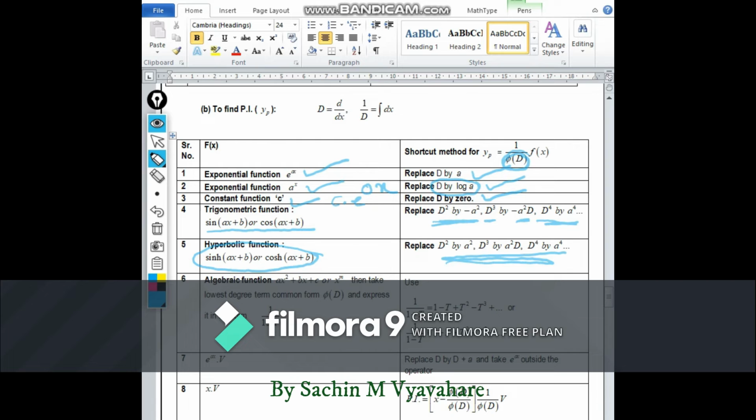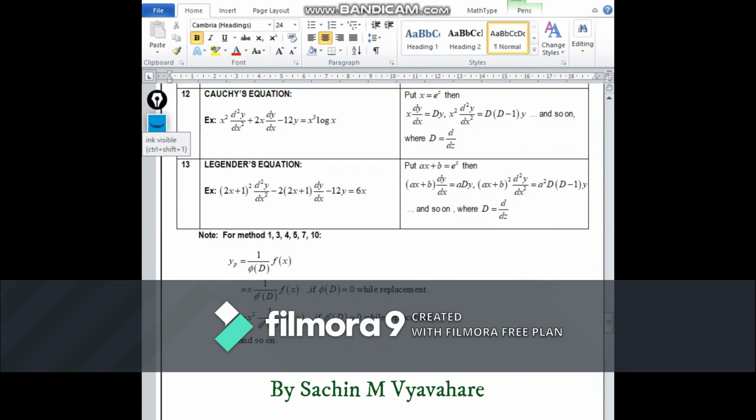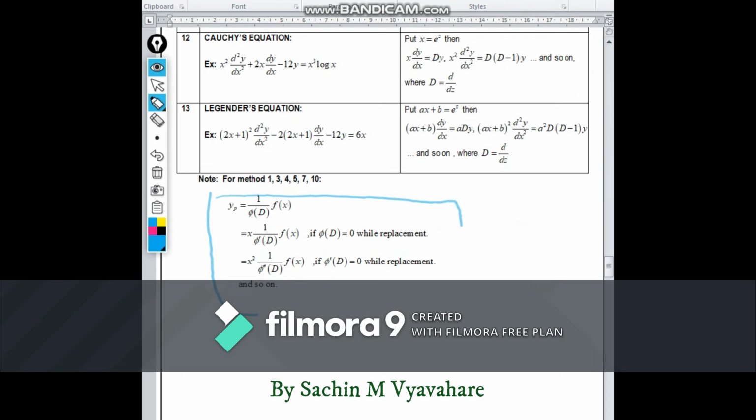There is one more important thing that we have. When we replace D by a or D square by minus a square, in some cases this phi of D comes out 0. If phi of D becomes 0, in such a case you have to multiply by x. You can observe x is written before the operator, x is outside the operator, then differentiate the denominator: x into 1 upon phi dash D of f(x).